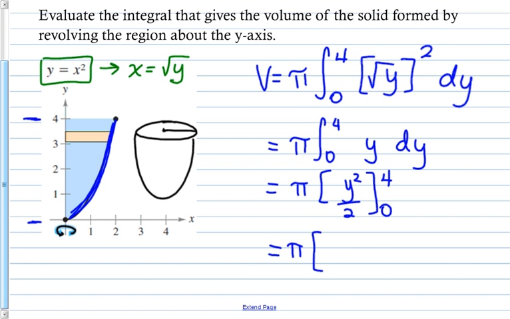Plug in 4, I get 4 squared divided by 2, so 16 divided by 2, which is 8. And then plug in the 0, we get 0. Voila. The volume is 8 pi. Sorry. Let's see. 8 pi. There we go. And that is the volume of this solid that is generated by rotating around the y-axis.